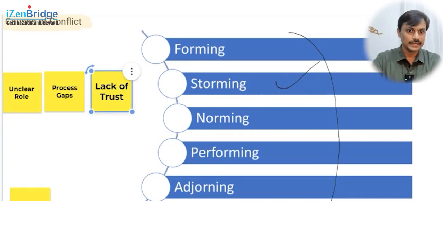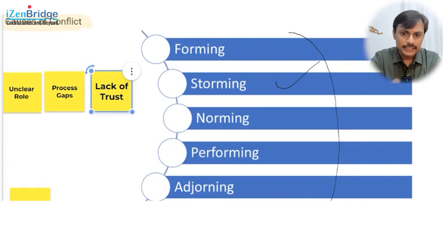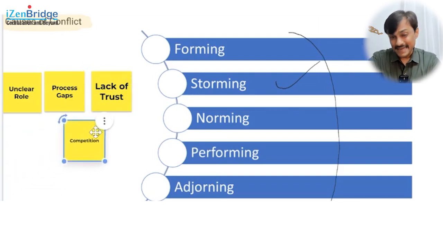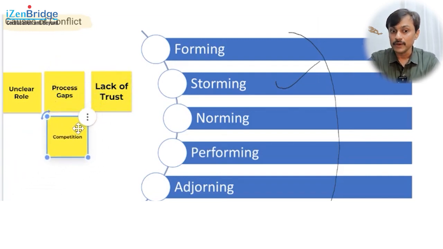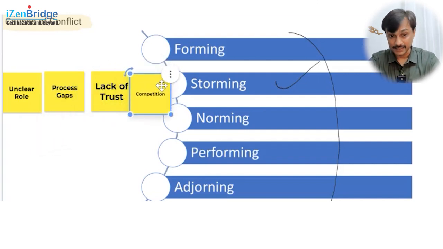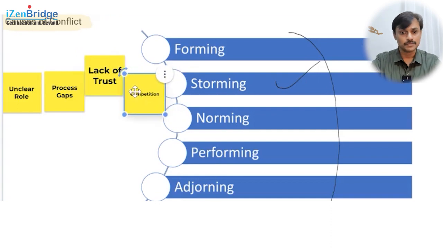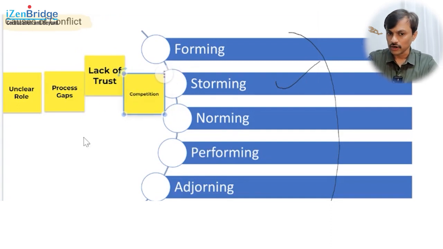People feel that the other person is probably trying to harm me or trying to show that I know less. So we have suspicion about everybody's intention, and that creates a play-safe and conflict-related environment. Many times during this stage, people may also get into competition. I may want to show that I'm better than the other guy, and I want to take a higher responsibility, and that can create a conflict.